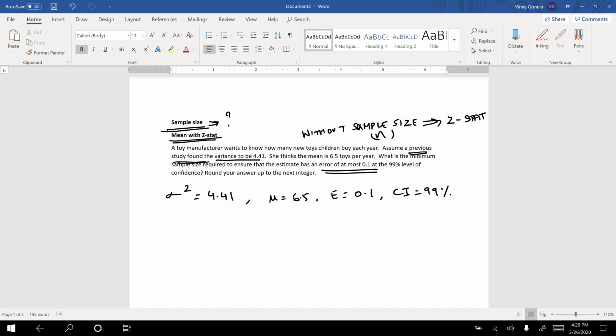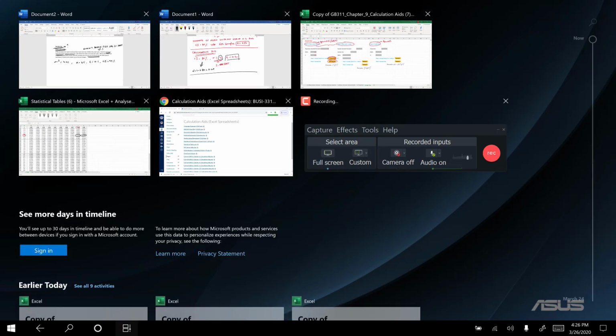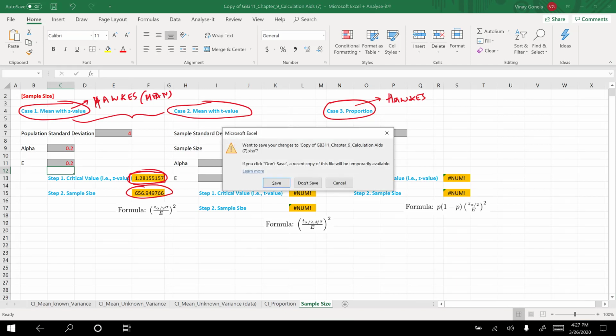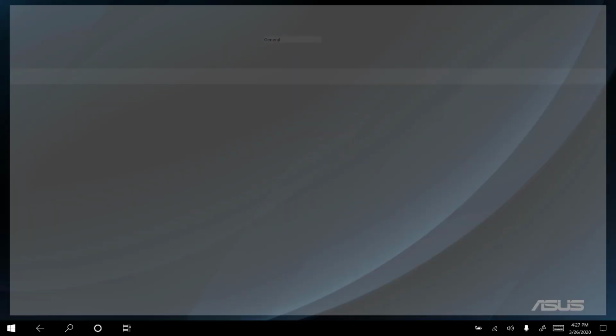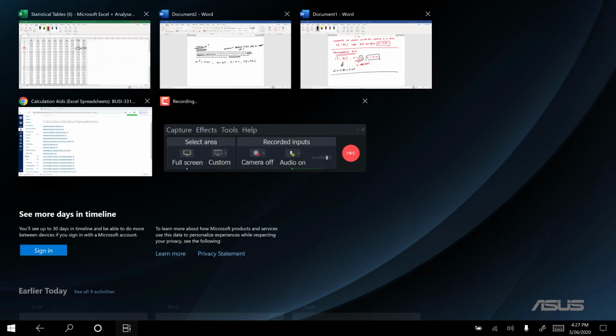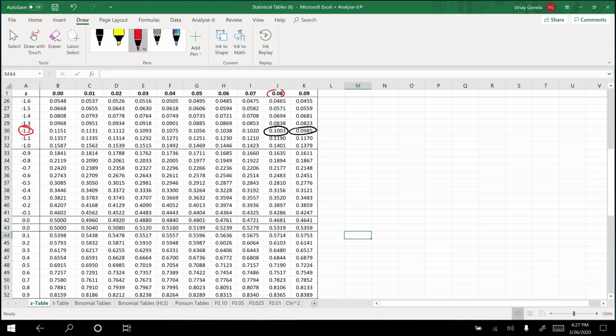In this case, I will again use this spreadsheet. I will open a new one and try to solve it in that. So let's go to module 0, download chapter 9, and then open it.